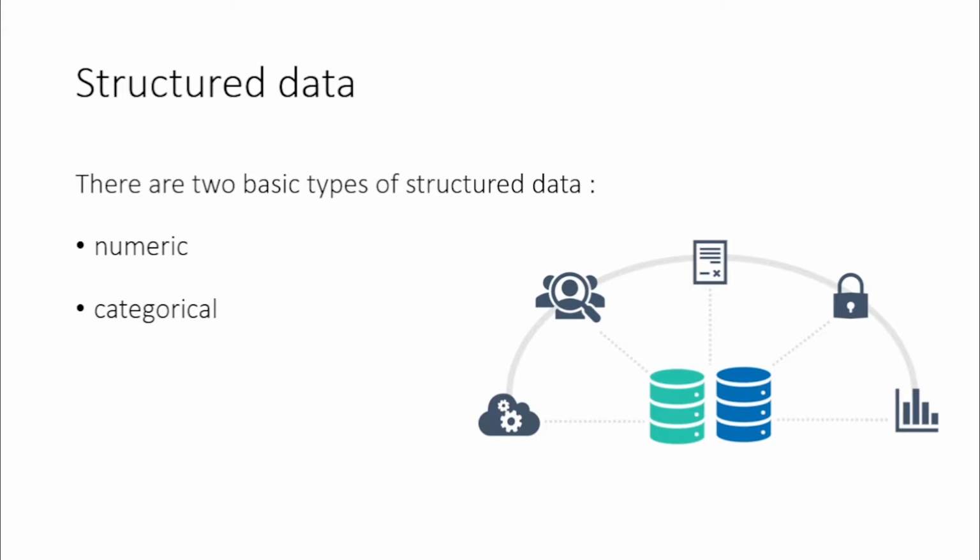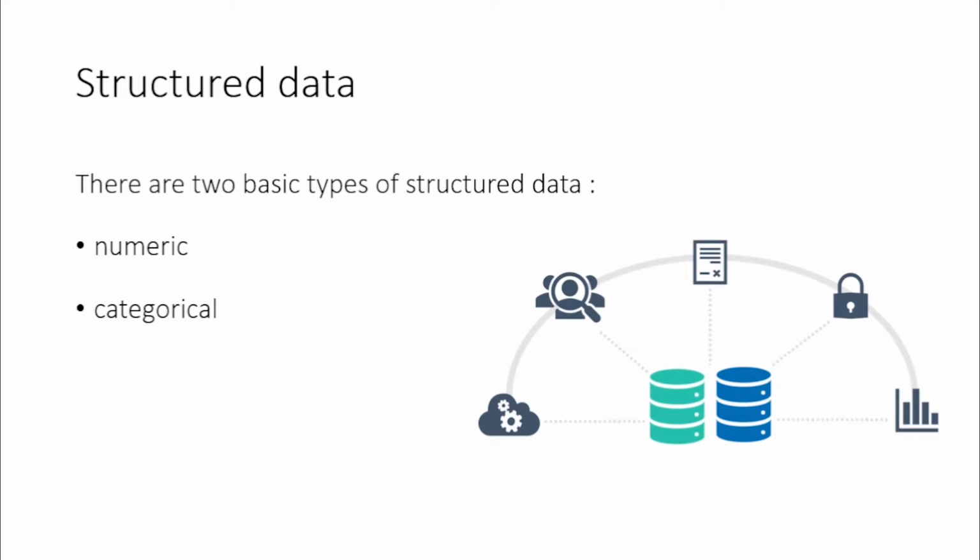So let us look at structured data. There are basically two types of structured data: numeric and categorical. Numeric data comes in two forms. One is continuous, such as wind speed or time duration, and discrete, such as count of the occurrence of an event. So we can further categorize numeric data into two parts: continuous and discrete.